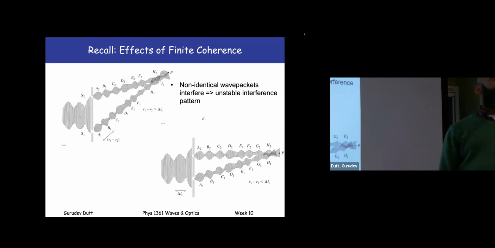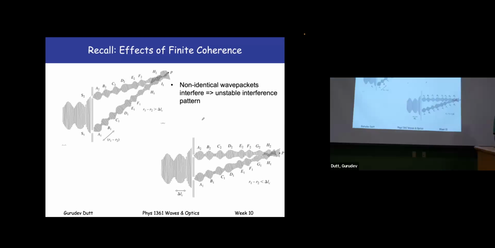What about coherence time? Does anyone remember that? Really? Do you recall discussing it? Or has this gone over the weekend? Vanished. What is the coherence time? And what is the coherence length?